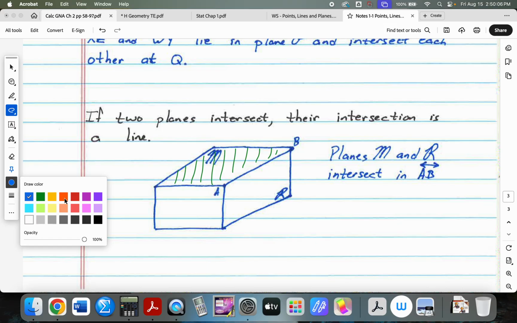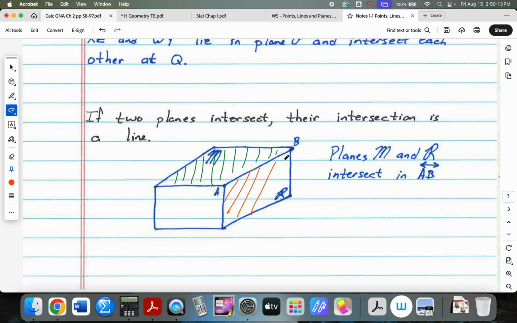Oh, let's use this. Plane R is over here. Where they meet is here. And that's actually going to keep going in both directions because the planes keep going. So planes M and R intersect at line AB.